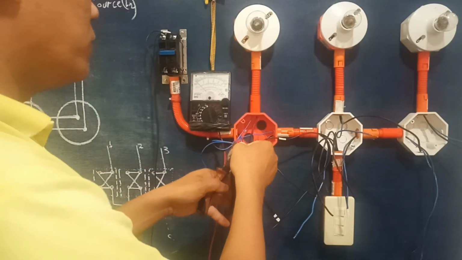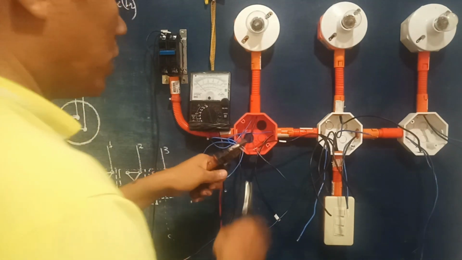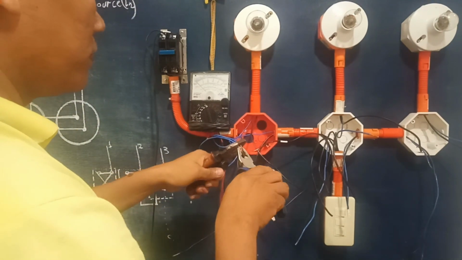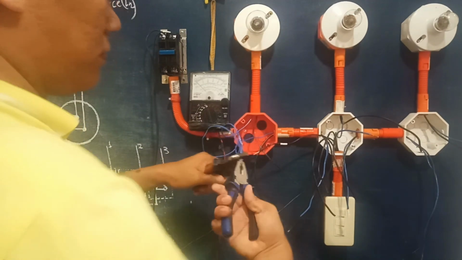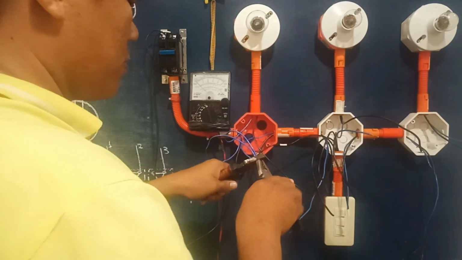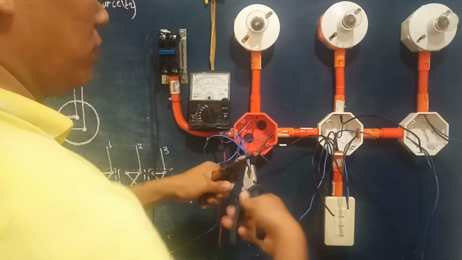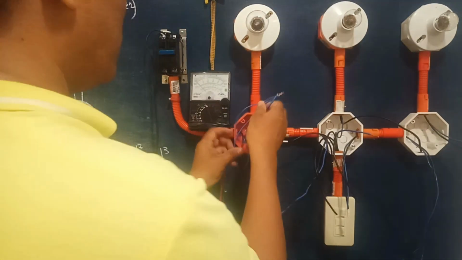So do this one right here, then twist each other. Alright, so this is for the first cycle.